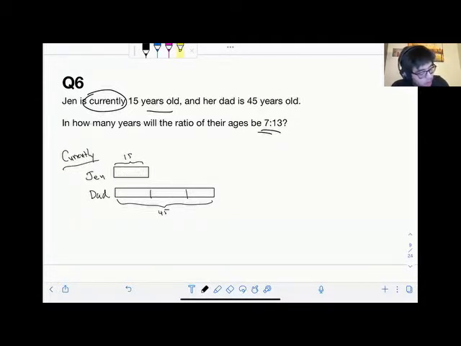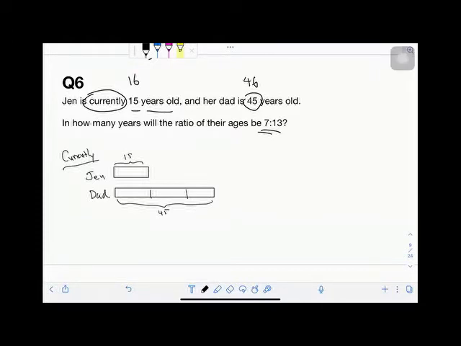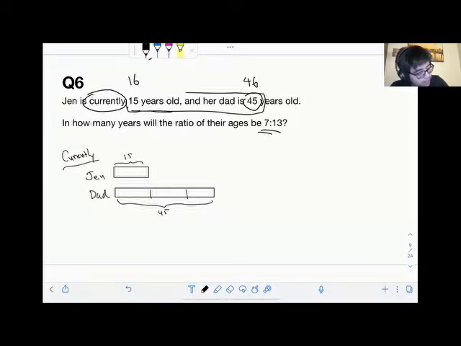Pero pag sabihin po natin na 15 years old si Jen ngayon at si dad 45, let's say na 1 year yung lumipas at ngayon 16 years old na siya at si dad 46, wala na pong ratio na makakasakop sa kanila. So actually, ano po yung makukuha natin dito sa 15 at sa 45?